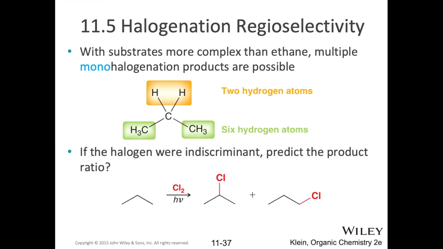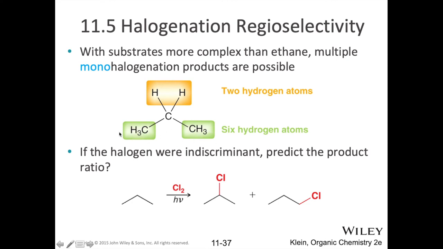So if you were going to look at these two different types of hydrogens, right, and ask yourself, if chlorine were to swap out these hydrogens, what would our ratio of products be? Well, you'd look at this and you'd say, well, I've only got 2 of these central hydrogens to swap out, okay, and I've got 6 of these terminal hydrogens to swap out.